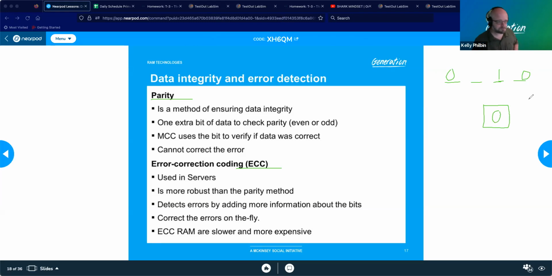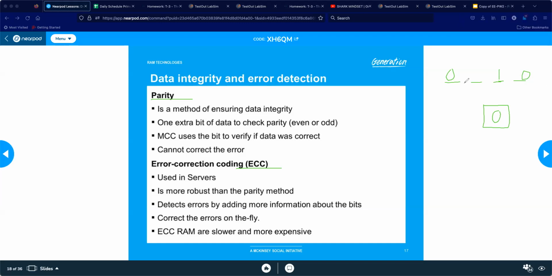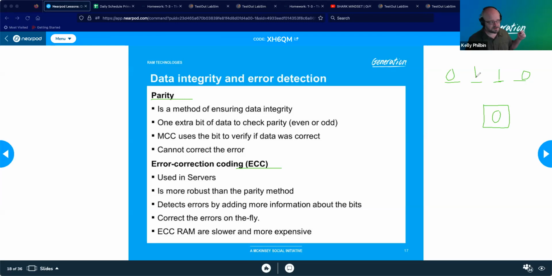Okay. India, can you possibly tell me what's missing? It's missing a 1. All right, how do we know this?